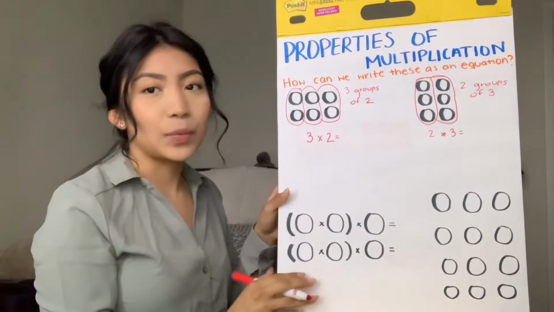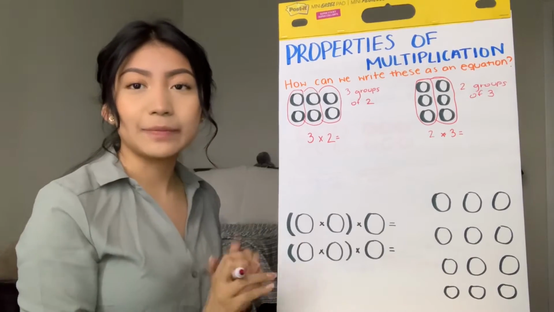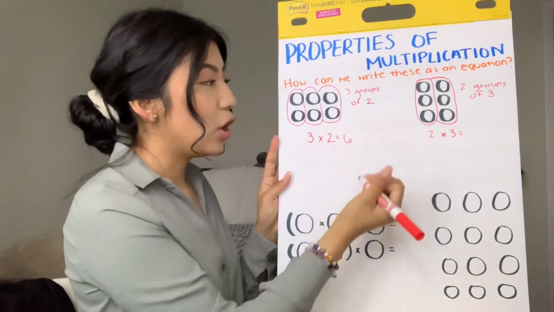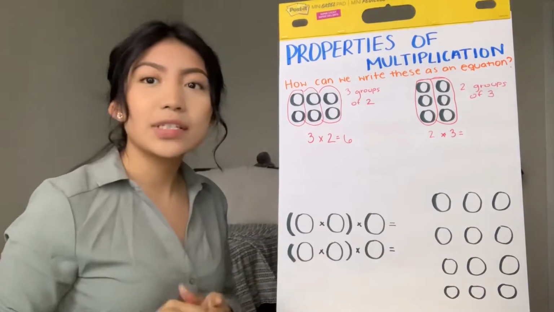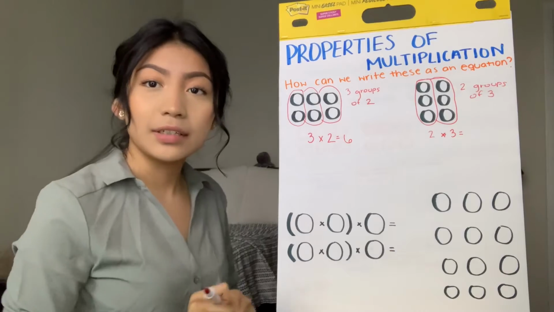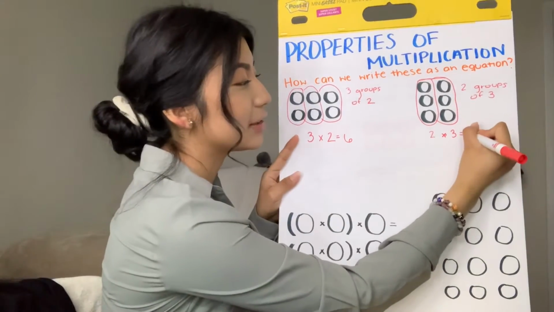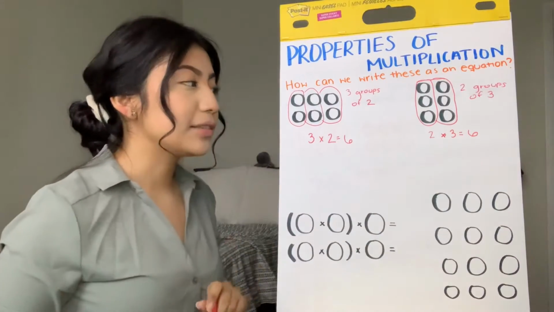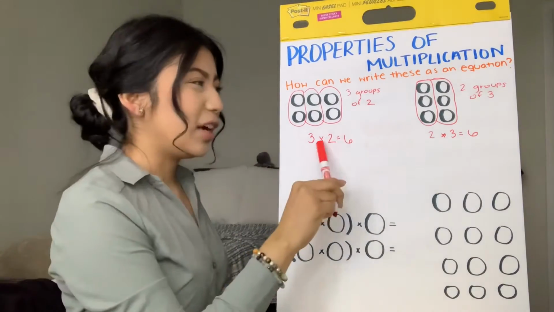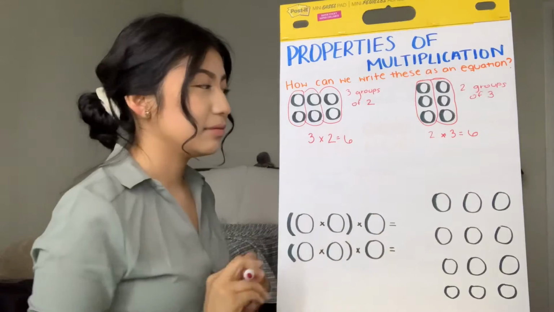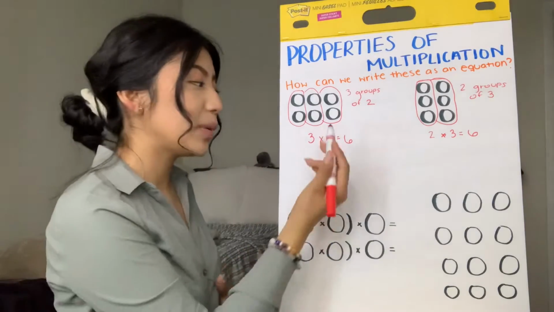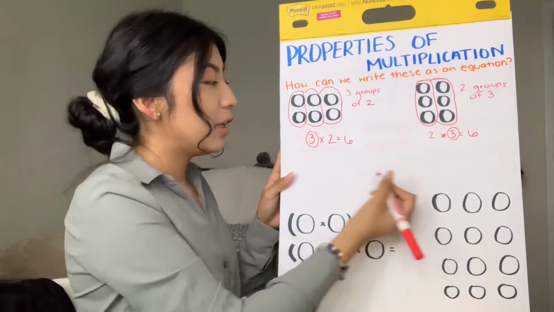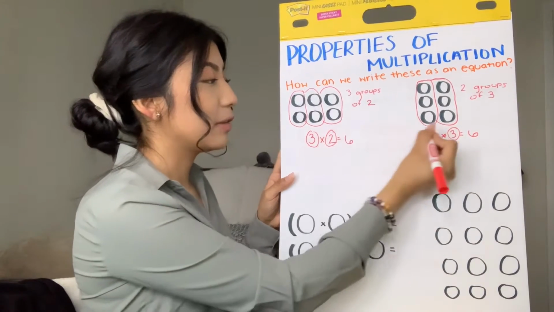So what is 3 times 2? Can anybody answer that? Yes, it is 6. Okay, so now let's go to the second one. What's 2 times 3? Yes, it is also 6. All right, what do we notice about these? Are they the same numbers? Yes, they're the same numbers. We have our 3 right here, and we have our 2 right here.